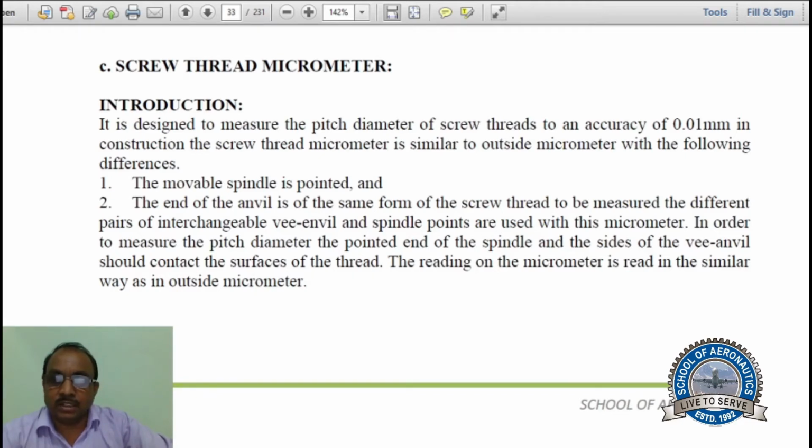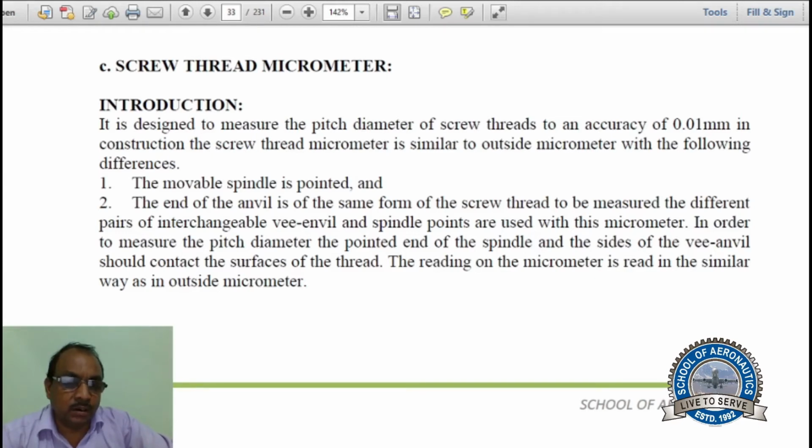In construction, the screw thread micrometer is similar to the outside micrometer with the following differences. The movable spindle is pointed and the end of the anvil is of the same form as the screw thread.